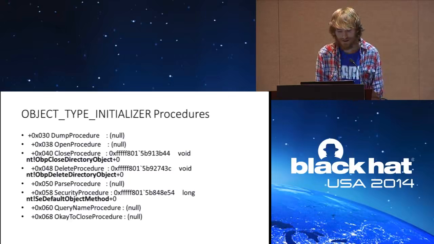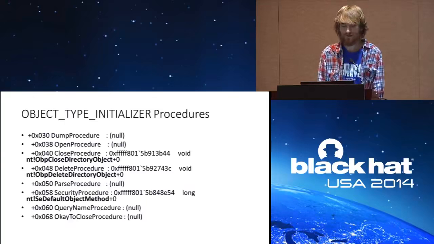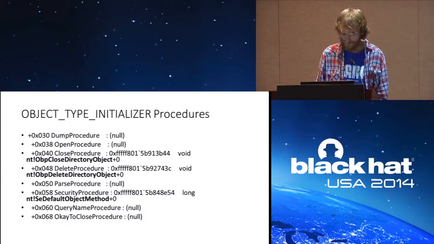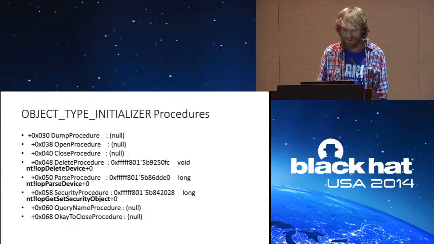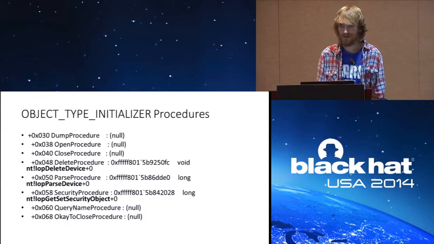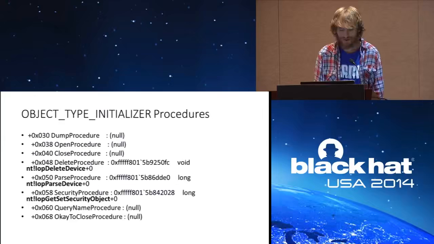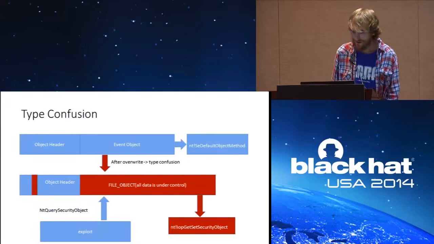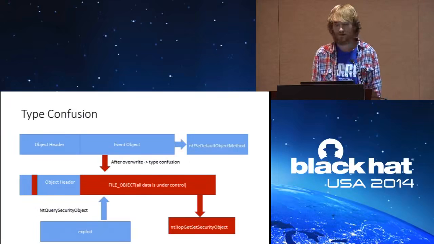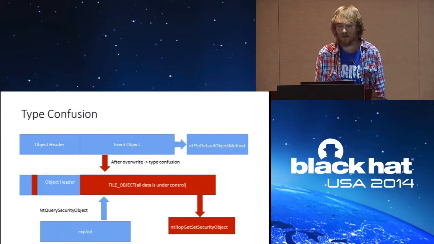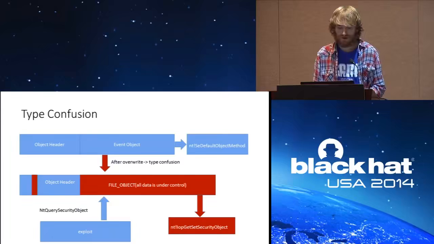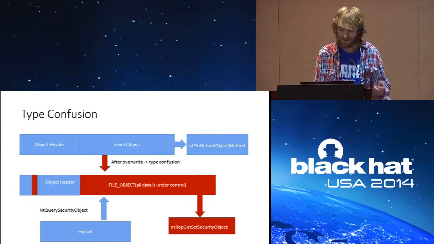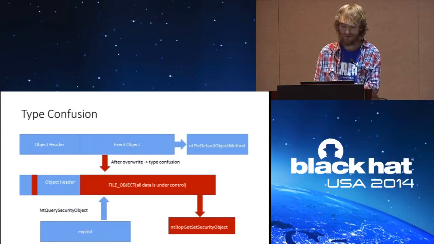As you can see, for example, security procedure is the SE default object method function. And if we take a look at the file or device object type, security procedure is a different one. So, for example, if we spray a pool with event objects, the object type of event contains security procedure initialized as default object method.